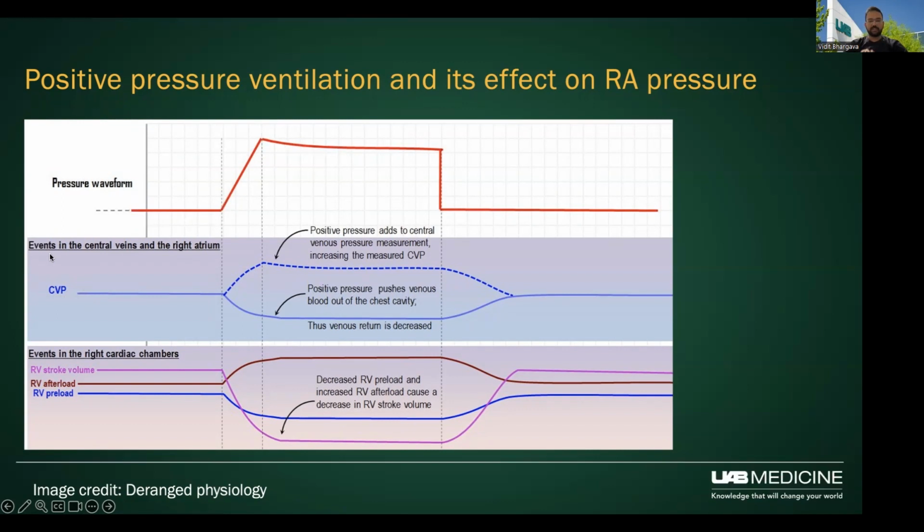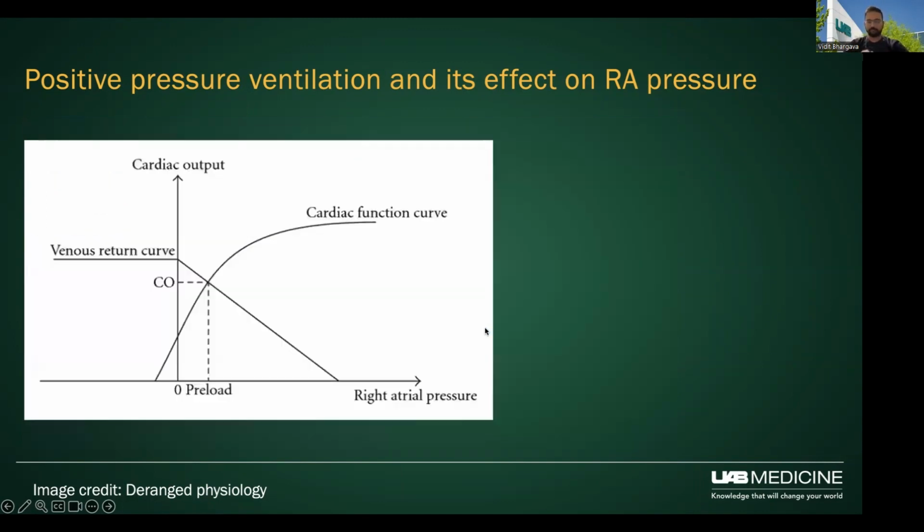In terms of our CVP, this leads to an increase in central venous pressure, and hence your CVP rises. Positive pressure tends to push some of this venous blood out of the chest cavity. Your venous return is decreased as your right atrial pressure goes up. And then similarly, your RV preload is going down, your RV afterload is going up, and so there is a decrease in the overall amount of RV stroke volume.